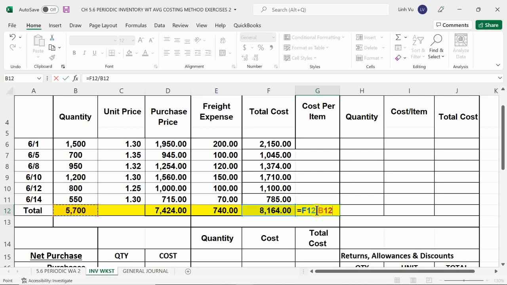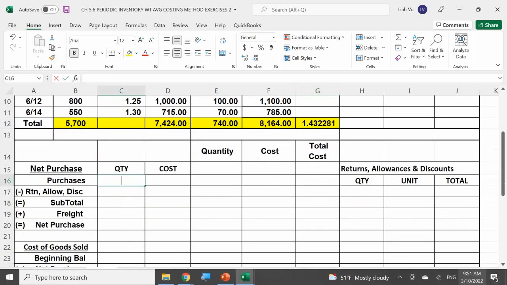What is my average cost here? How many units? It's 5,700. Is it $1.4322807? Let's see, 1.4328. Yes, good.